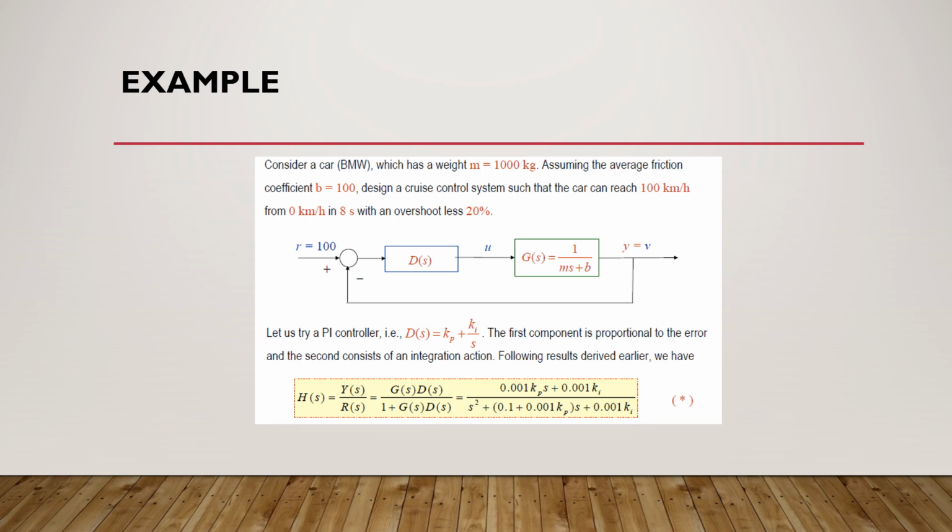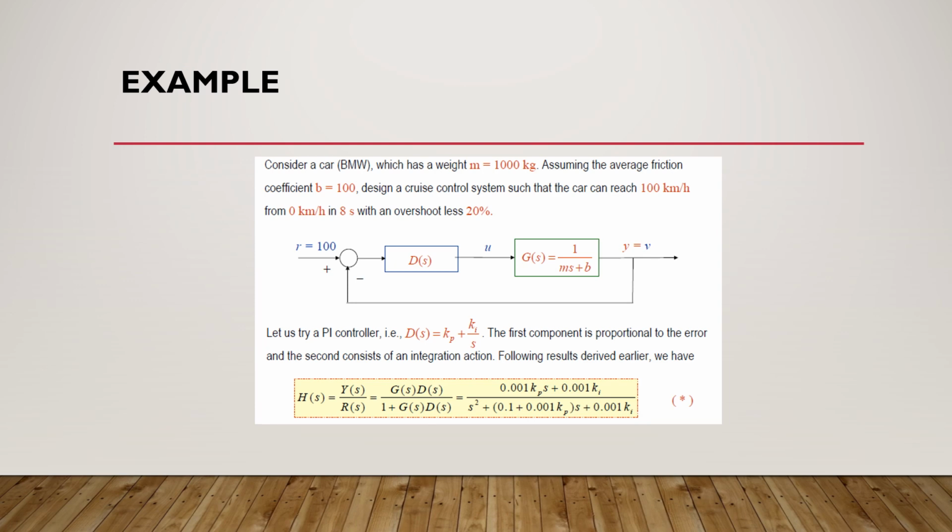And here is the transfer function for this block diagram. The transfer function is equal to the ratio of the output over input. After putting in these values, we get the transfer function equal to (0.001 Kp s plus 0.001 Ki) over (s squared plus (0.1 plus 0.001 Kp) s plus 0.001 Ki).